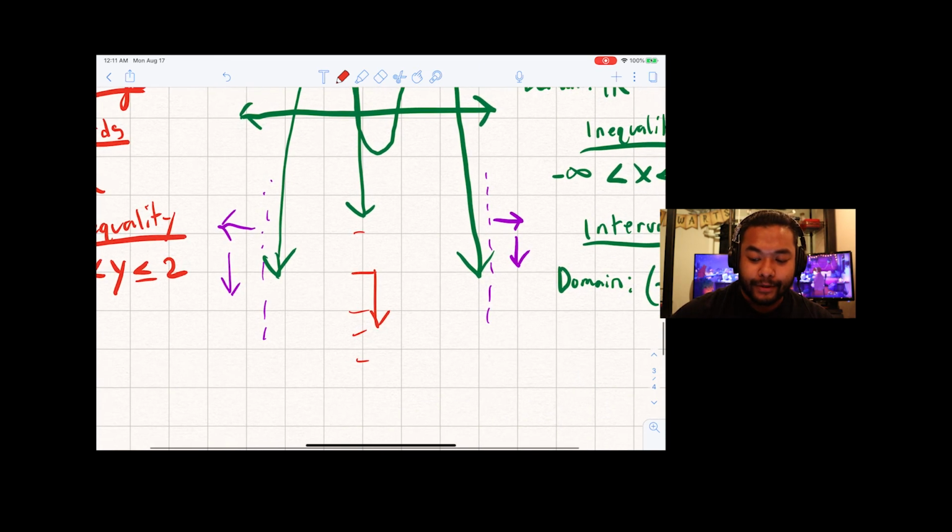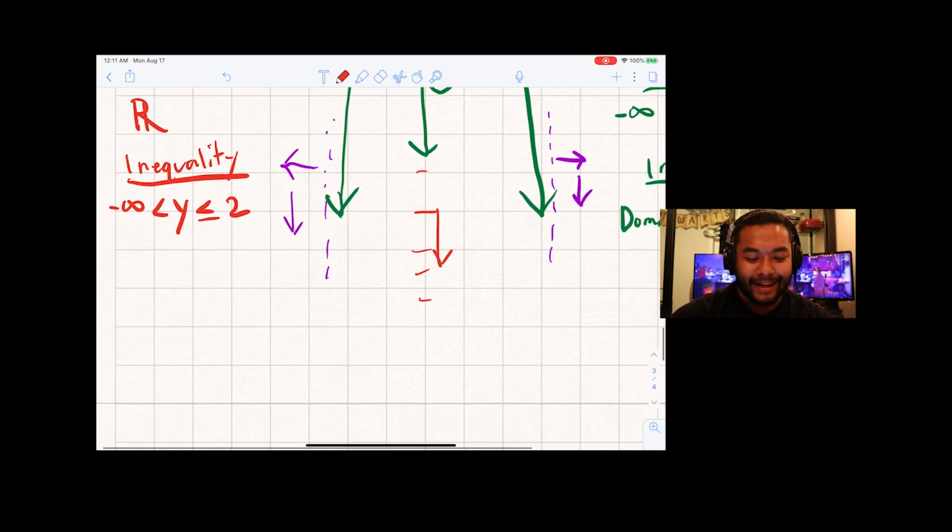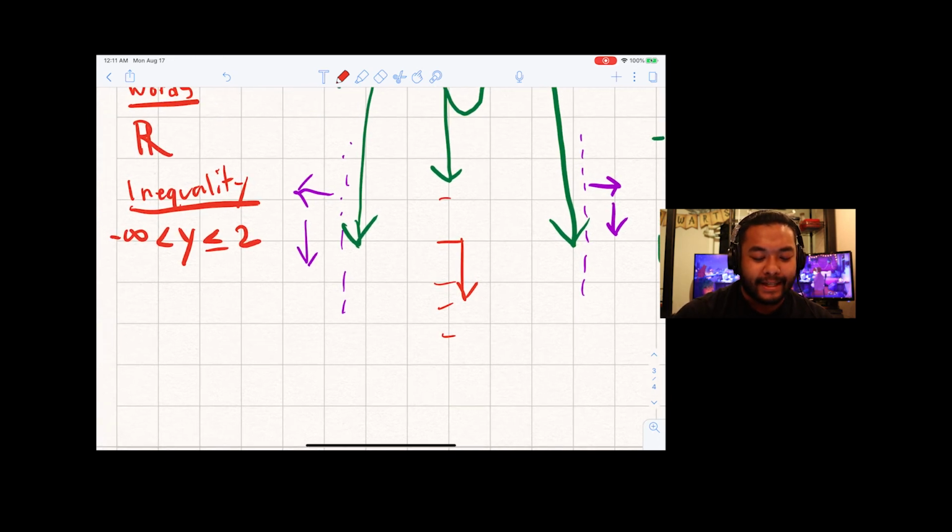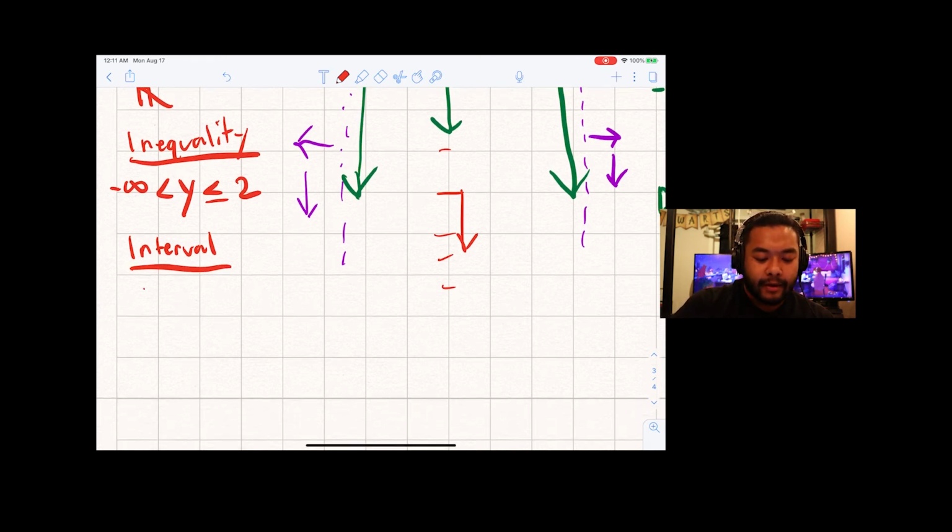And in interval notation, this is the neat part. This is what combines inequality and interval notation. Instead of having less than and then less than or equal to, and the differences in what those symbols mean, I would have my range as parentheses, negative infinity, comma, 2, but how do I show that it's equal to?